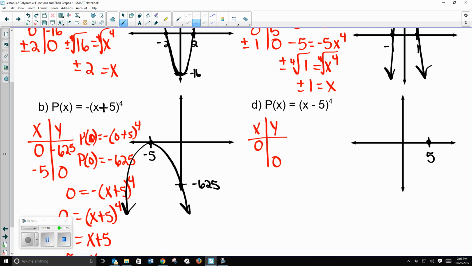Put 0 in for x. What do I get? 55. And put 0 in for y. 5.